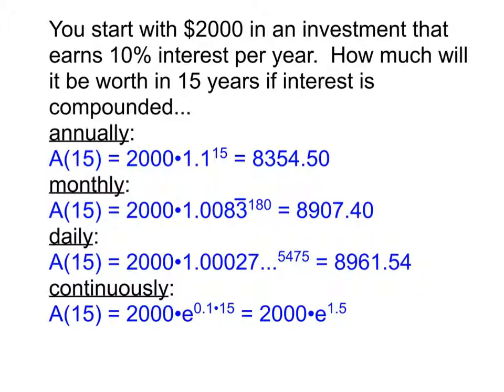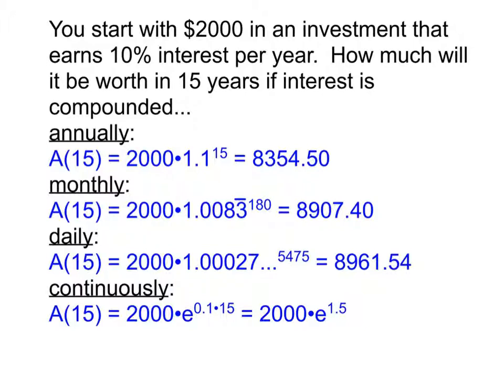The next thing I need to do now in my calculator is I need to do e to the power of 1.5. So it's time to learn how to use your calculator for this purpose. All right, so depending on your calculator, the keystrokes feel slightly different. If you're on a graphing calculator, like a TI-83 or a TI-84, you're looking for a button that shows e to the power of x. That's the magic button that you want. Now, on the TI-83s and TI-84s, that's on the left side, third button up.